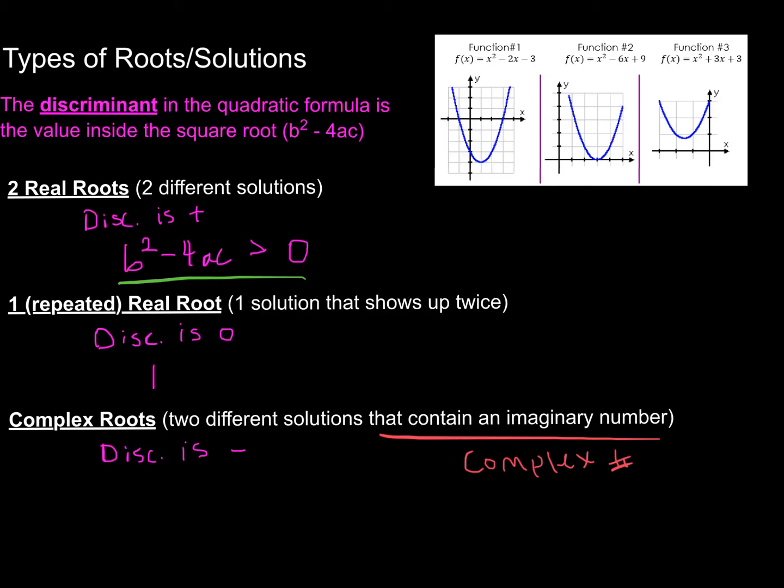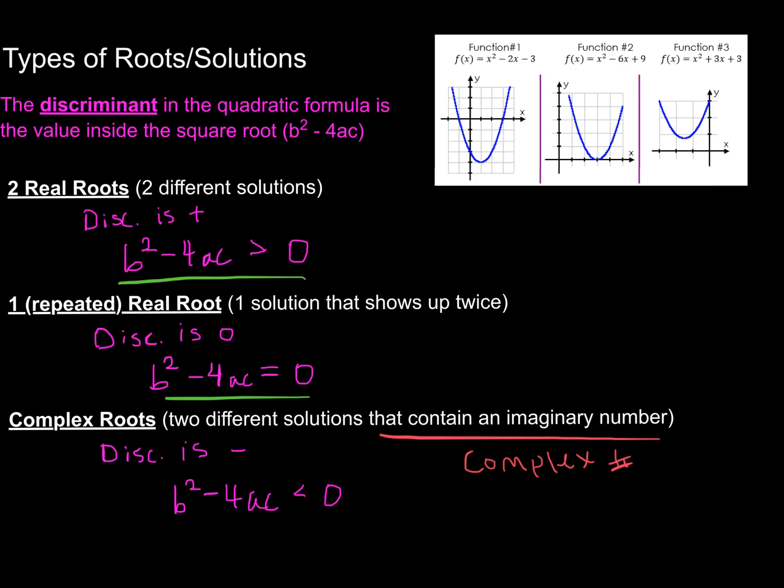The discriminant is b squared minus 4ac. If it is equal to 0, then it will have one repeated root. And if the discriminant is negative, meaning if b squared minus 4ac is less than 0, then we will have two different complex roots, or complex solutions.